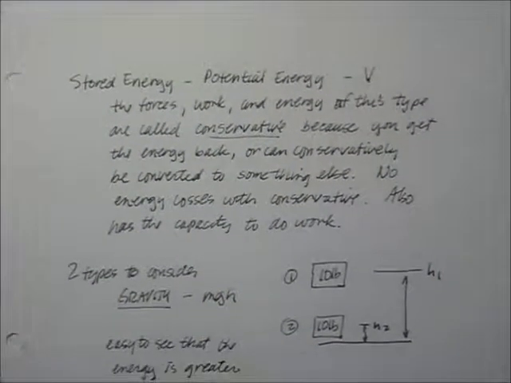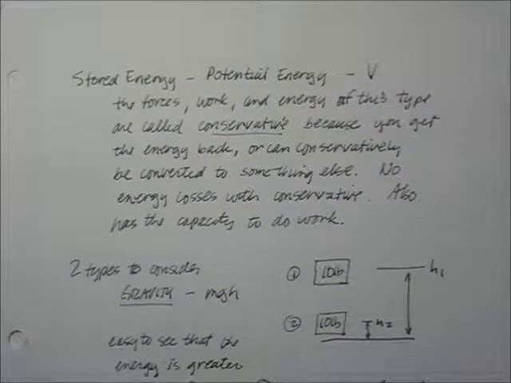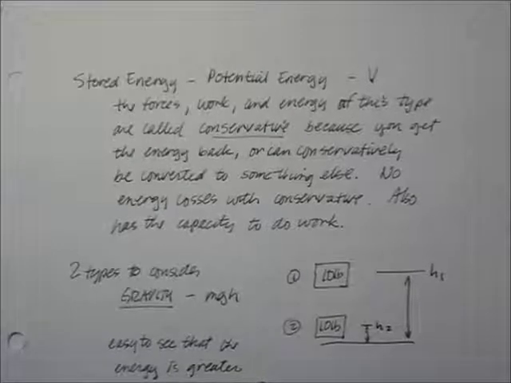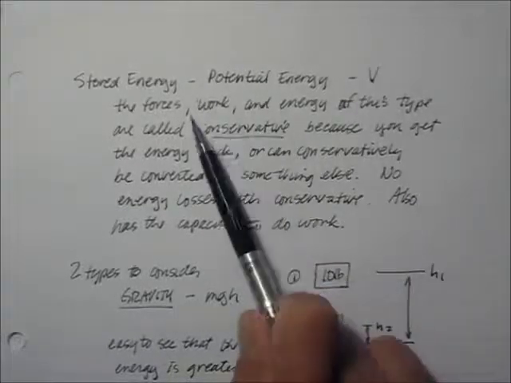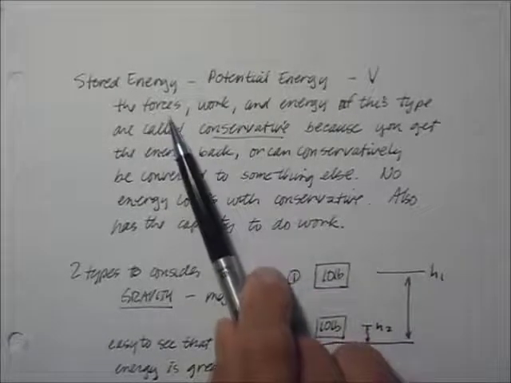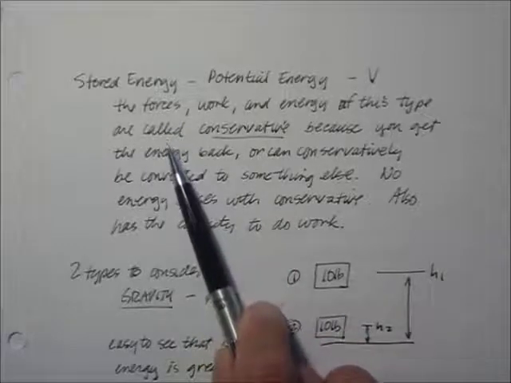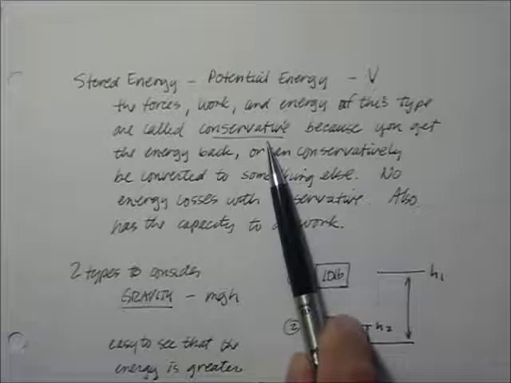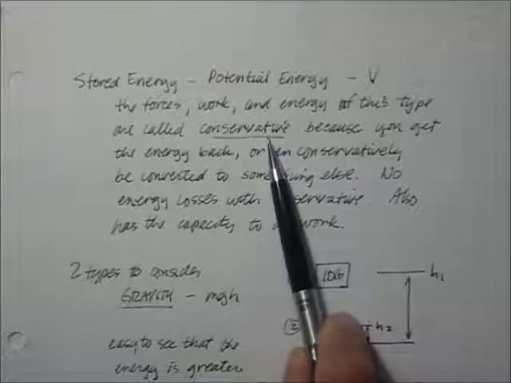All right, the next thing we want to talk about is stored energy. Stored energy is potential energy, and we're going to use the capital letter V for stored energy. We'll have two types of stored energy, but we're going to suggest that the work caused by forces that change potential energy are going to be called conservative.